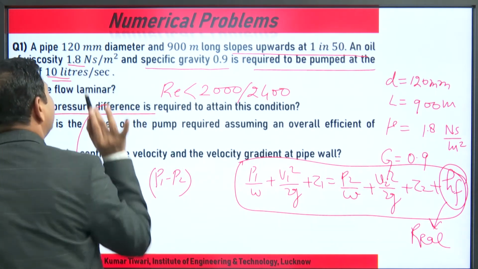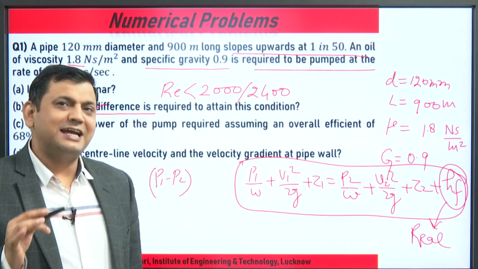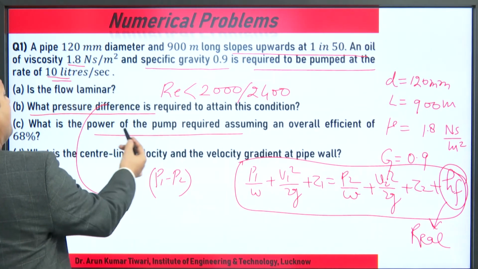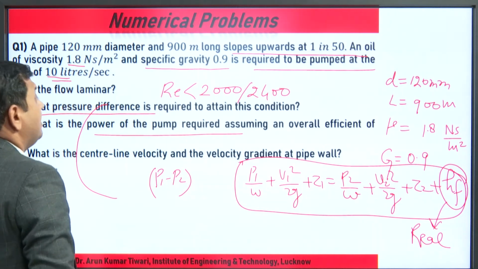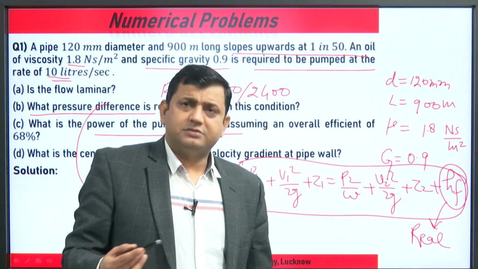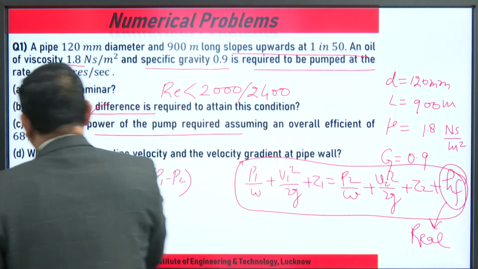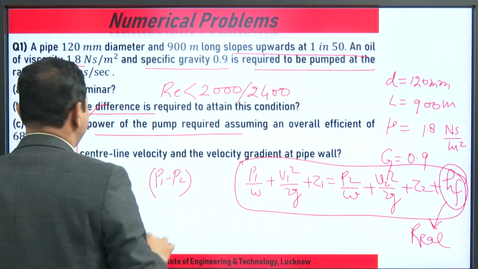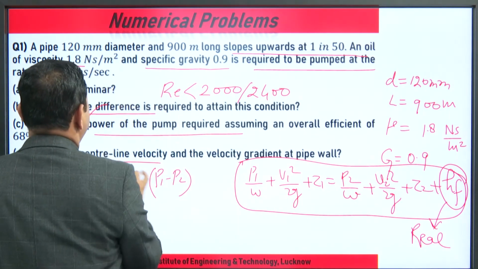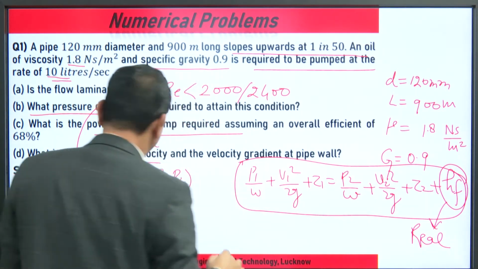So, the first problem is checking laminar or turbulent on the basis of the Reynolds number. Second, the pressure difference on the basis of the Bernoulli equation. And third, what is the power of the pump required, assuming an overall efficiency of 68%. The next one is the center line velocity and velocity gradient at the wall.